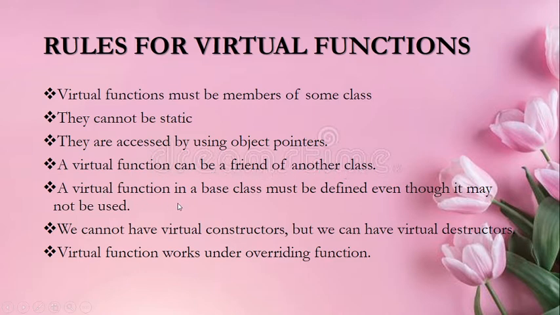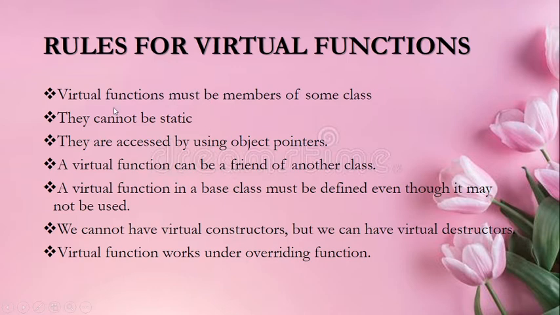A virtual function in a base class must be defined even though it may not be used. So you can't just declare a virtual function, you have to define it. And we cannot have a virtual constructor, but we can have virtual destructors. Virtual functions work under overriding. So keep all these points in your mind.